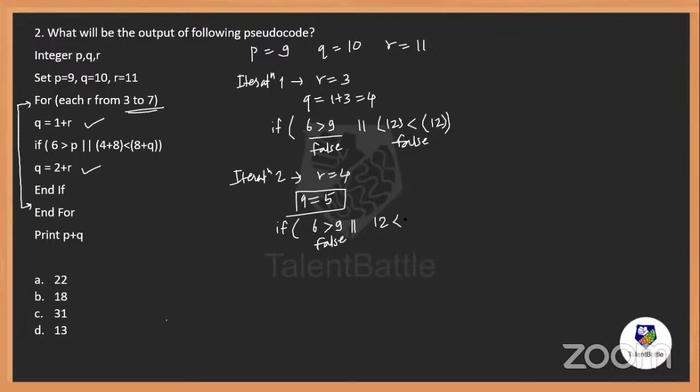So that will be 13. And you can see this part is true. So in my second iteration, I got the true result for my if. And I have to execute the second statement where Q value is again getting updated with 2 plus R, where R is 4. So that will be 6.